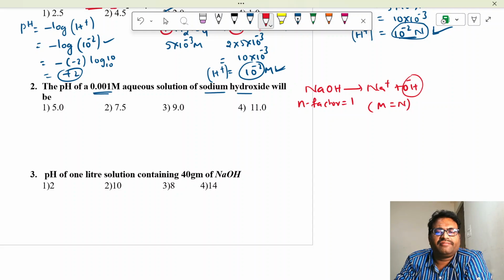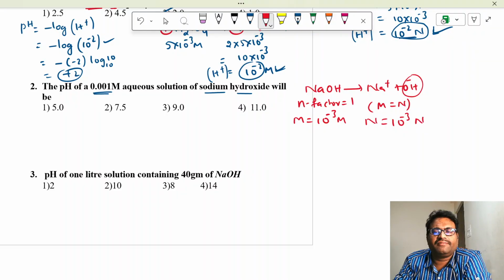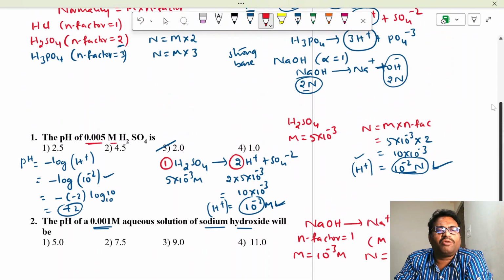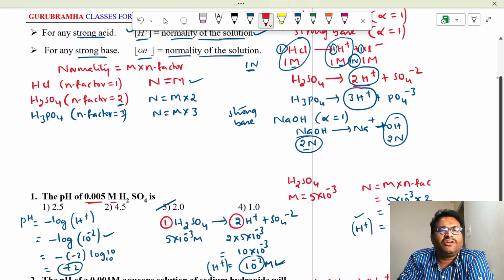Molarity given, molarity is equal to how much? 10 power minus 3 M. That means normality is also 10 power minus 3 N. So before we have discussed that normality of the base is equal to OH minus.